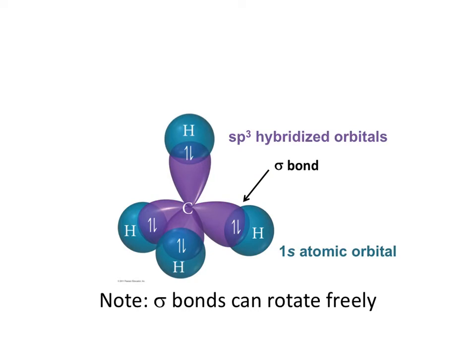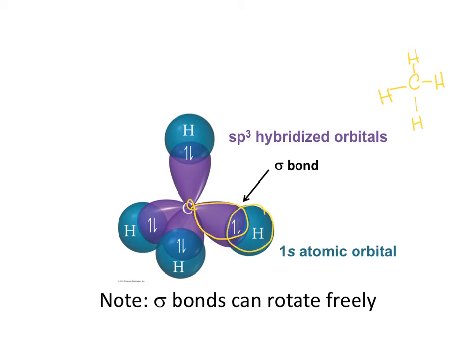If we take methane, methane is a carbon that's bonded to 4 hydrogens. It's sp3 hybridized, so it's going to form bonds with hydrogen by overlapping an sp3 hybrid orbital with hydrogen's s orbital.